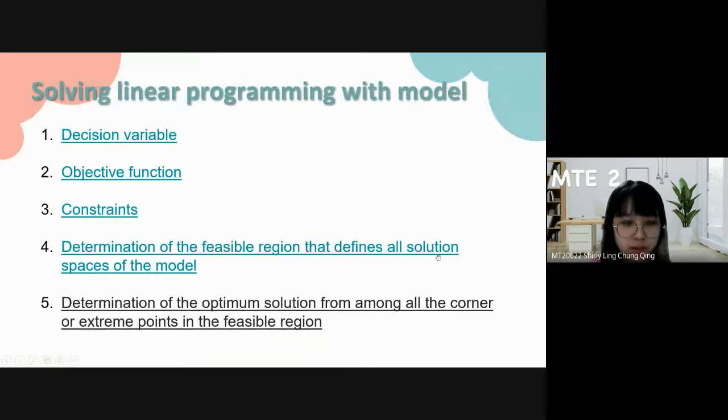The fourth step, we need to determine the feasible region that defines all solution space of the model.